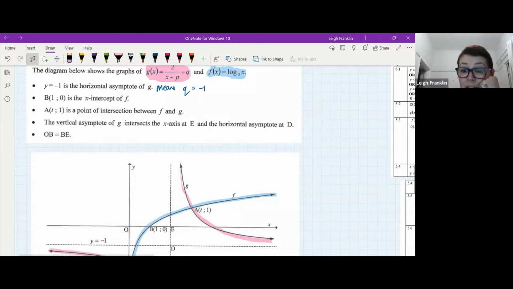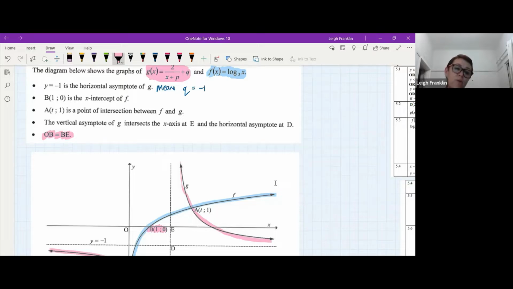It's in the information that's been given to us. So if you go back and read the information carefully, I'm dropping some hints here. They've told us that OB equals BE. And they've given us the coordinates of B. They've told us that B is 1.